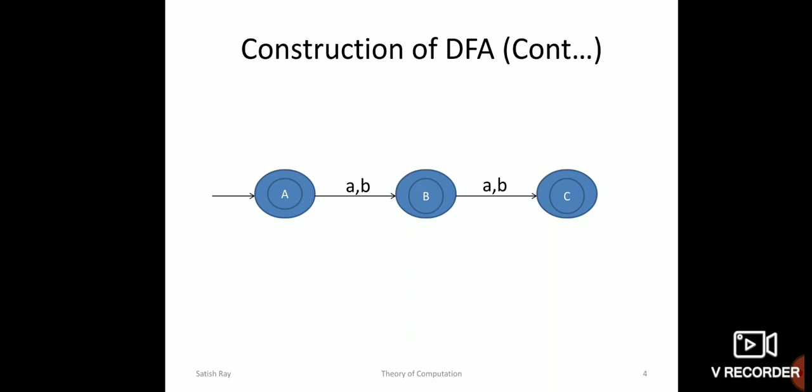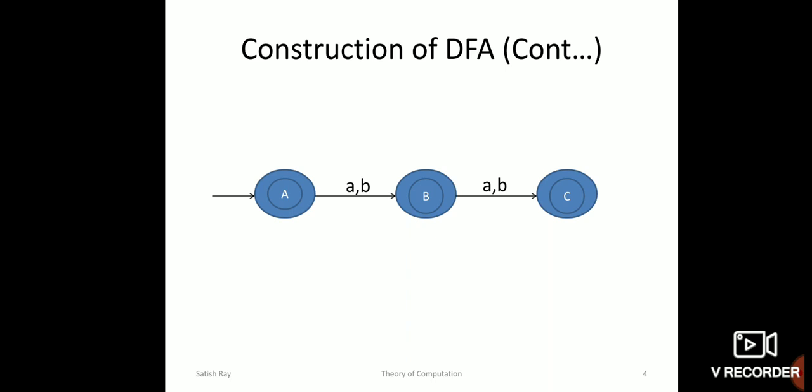Now we should check for the string of length 1. In order to accept the string of length 1, we have to make the state B as final. Then only we can accept the strings of length 1.